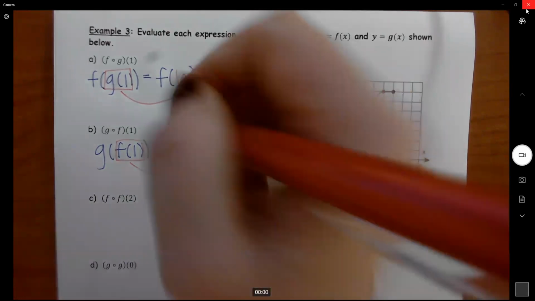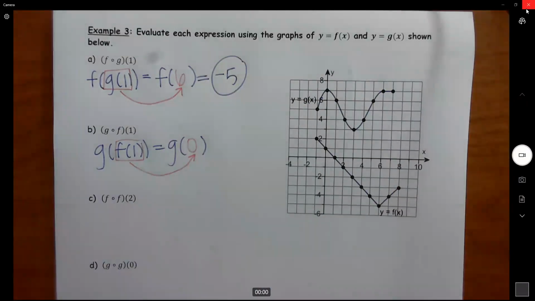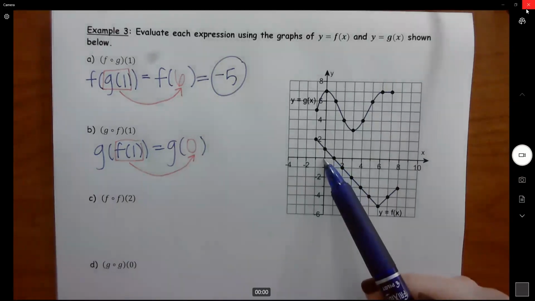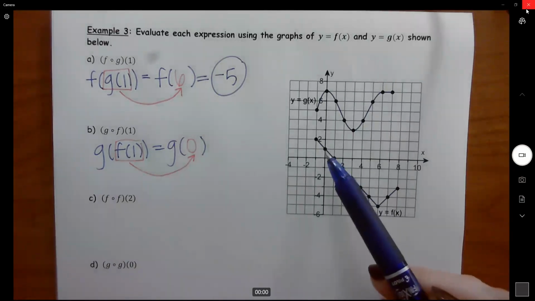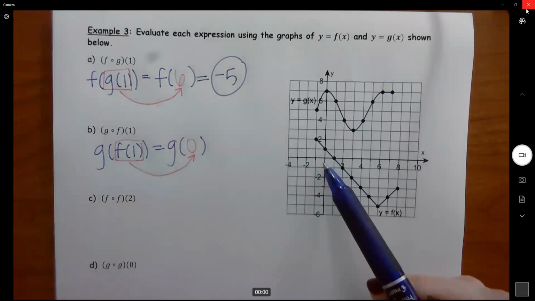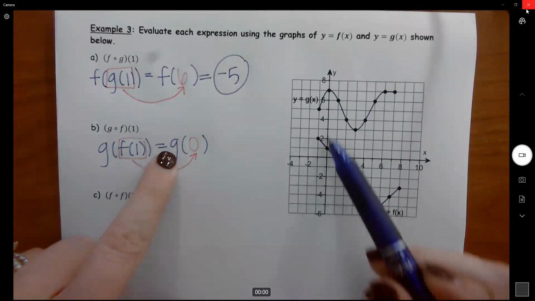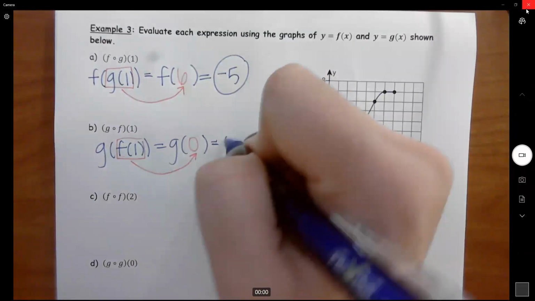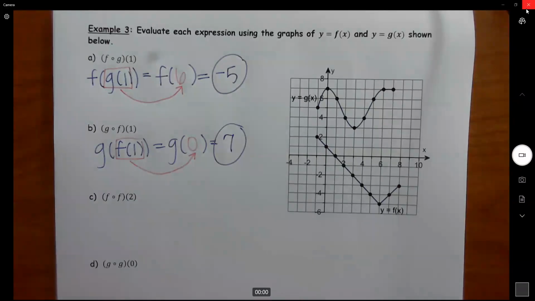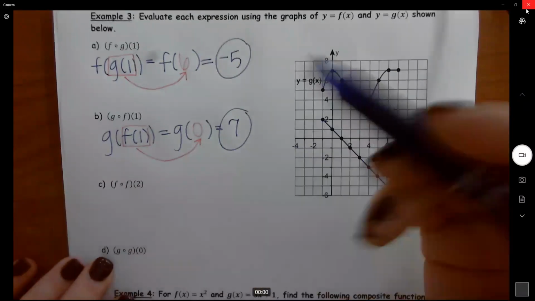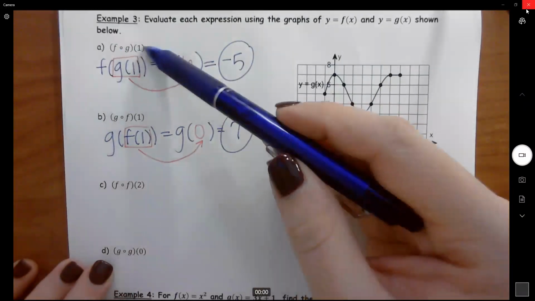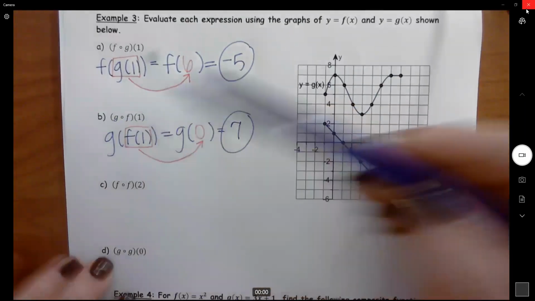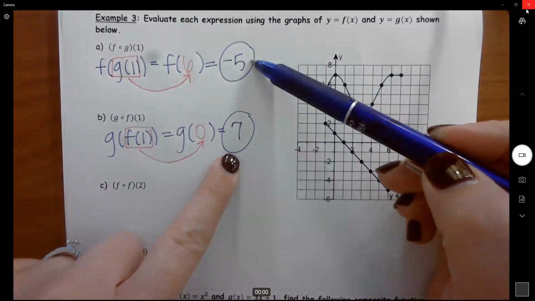Well, it's 0. So now I'll go to 0. And I don't want to go here because that's my f of x. I want to go to g of 0. So when g is 0, what is my y? Well, that y is right there at 7. Again, f of g of 1 and g of f of 1 are not equal.